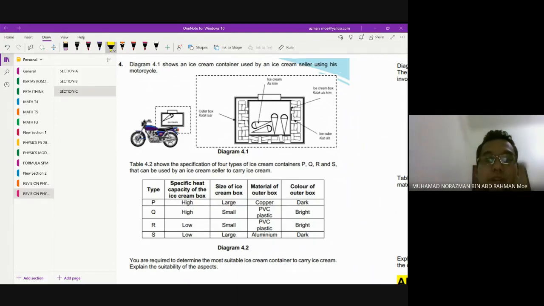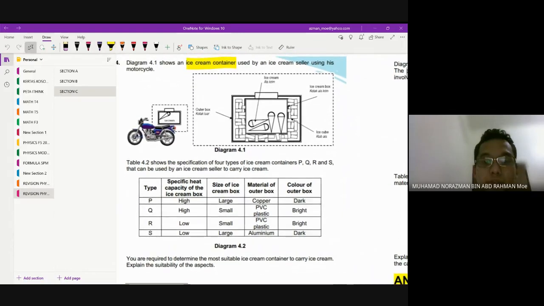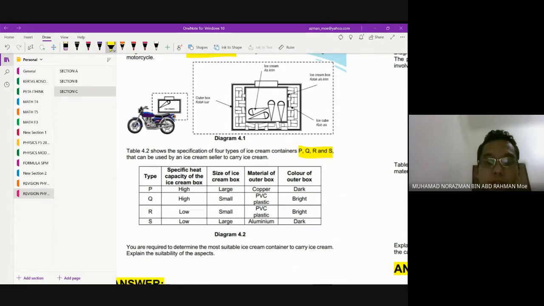Diagram 4.1 shows an ice cream container used by an ice cream seller using his motorcycle. Table 4.2 shows the specification of four types of ice cream container P, Q, R, S. You are required to determine the most suitable ice cream container to carry ice cream. Explain the suitability.